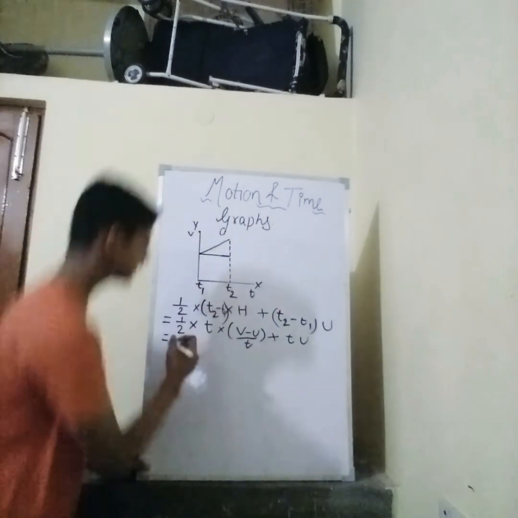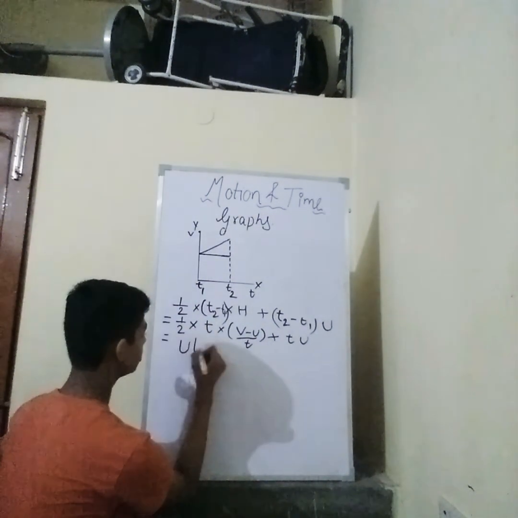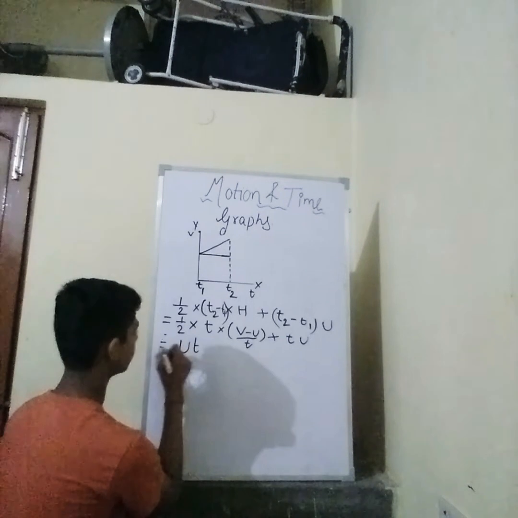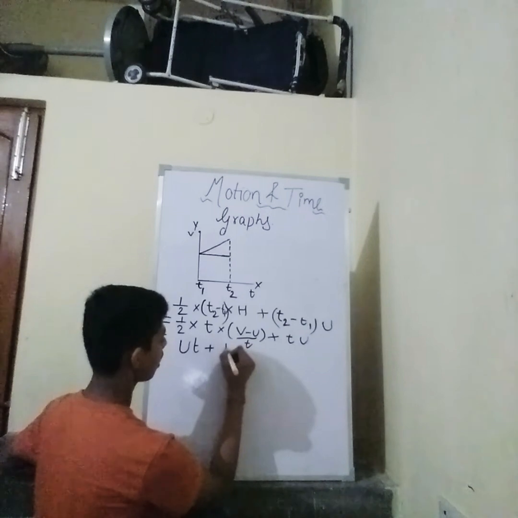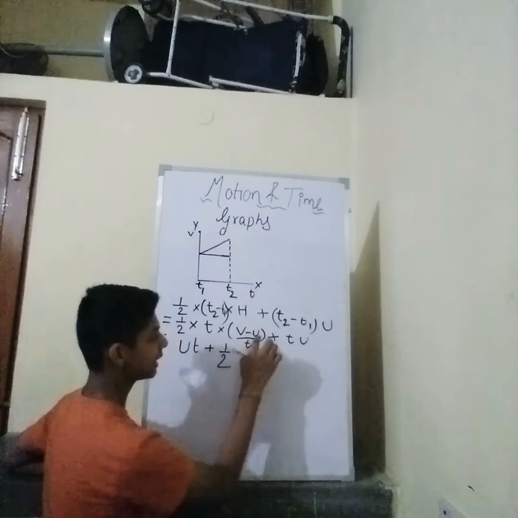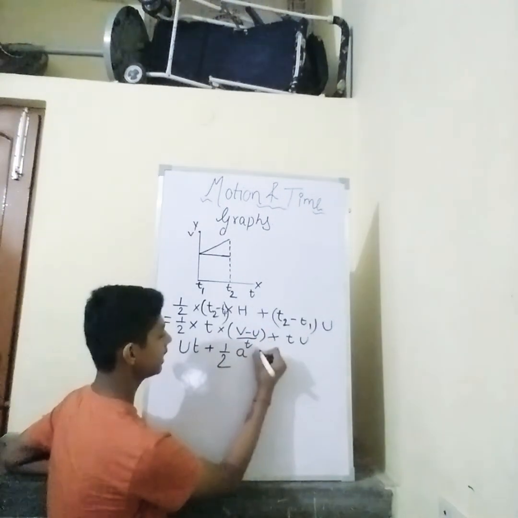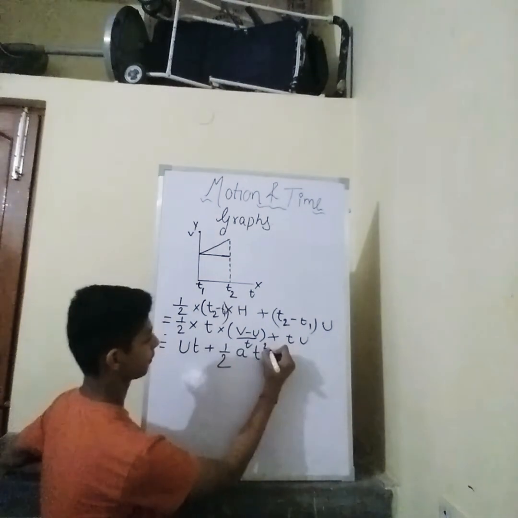Okay, then this equation is ut plus ut is here, half v minus u by t, we can write here a t square.